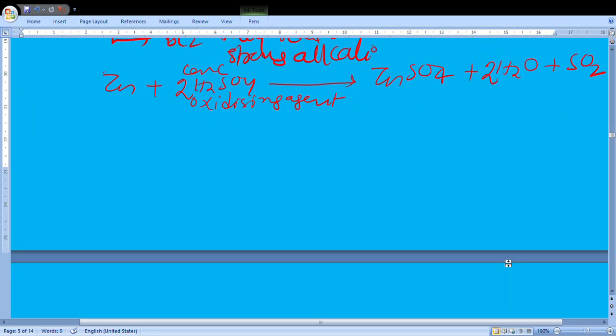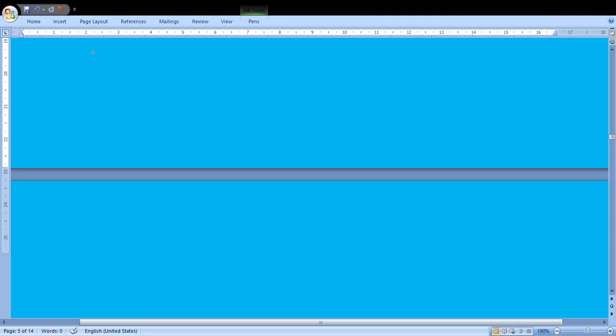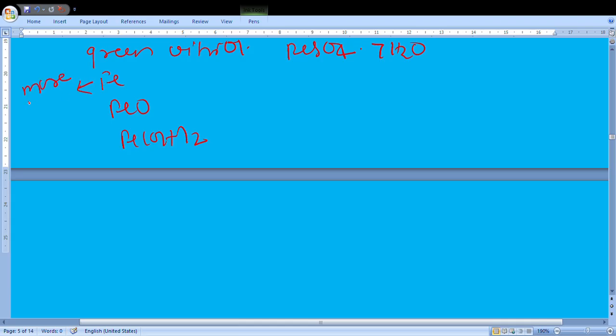Now third is green vitriol. Green vitriol is FeSO4.7H2O. So here you need to take either Fe or FeO or Fe(OH)2. Fe is more reactive than hydrogen, and these two are basic in nature. So we need just dilute H2SO4.